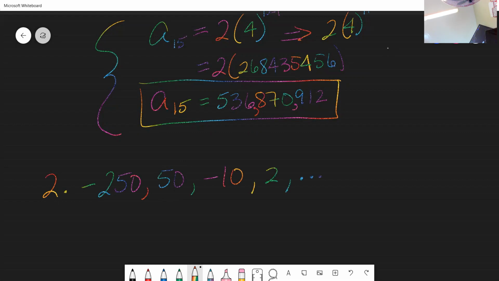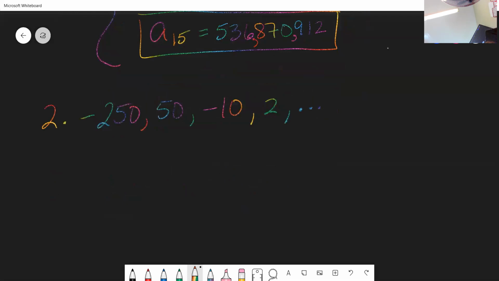So we have two things we need to notice about this geometric pattern. What's the first thing? The ratio is going to be negative. The ratio is going to be negative. Is that what you were going to say, Genevieve, or did you notice the other thing?